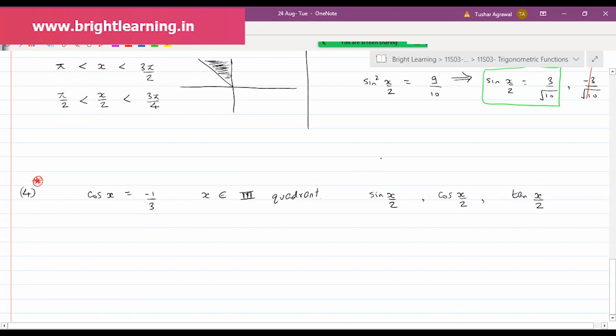Give me the answer for sin x by 2 in the chat box. Mark this question in red, because I'm 100% sure all of you will commit a silly mistake. For sin x by 2, write in the chat box what is the value.